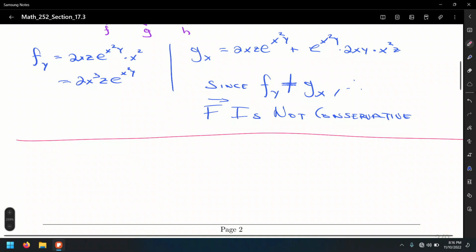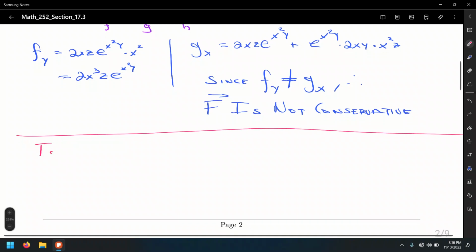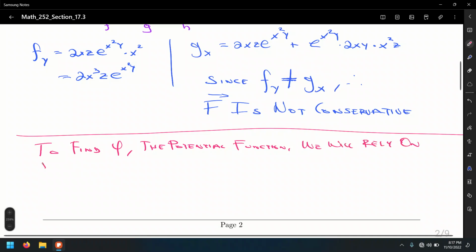And so to find phi, the potential function, we will rely on partial integration.